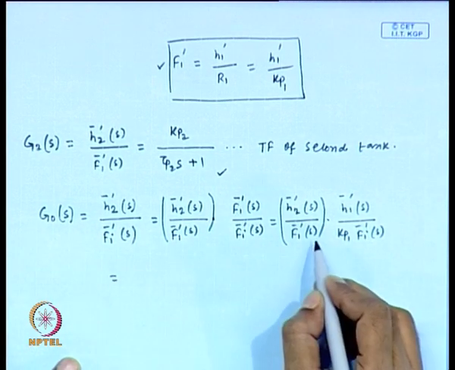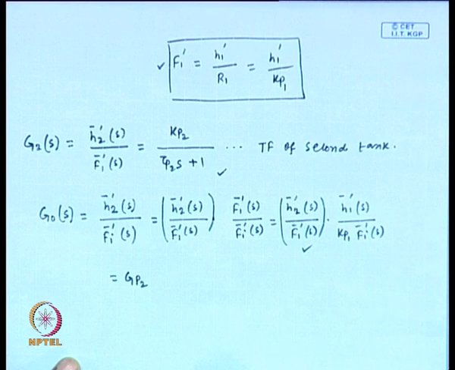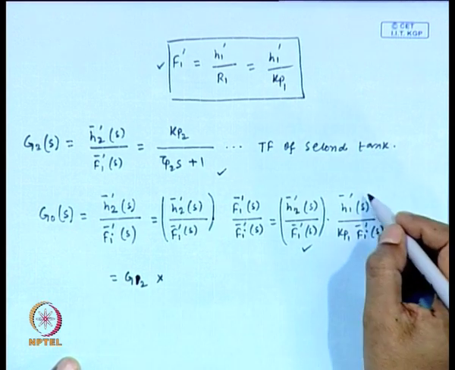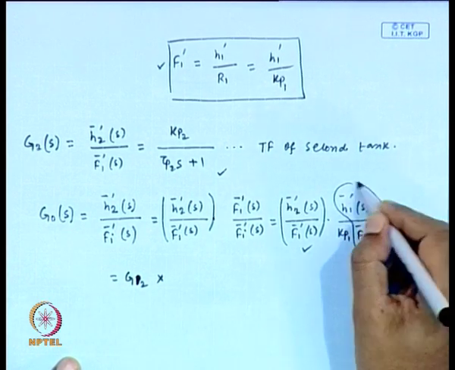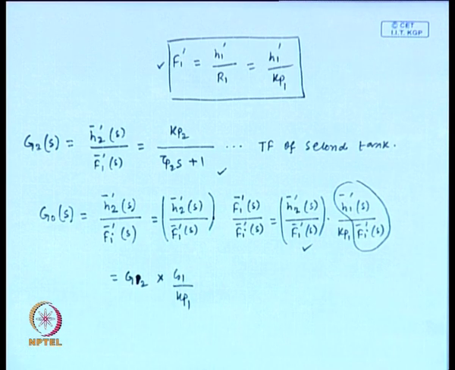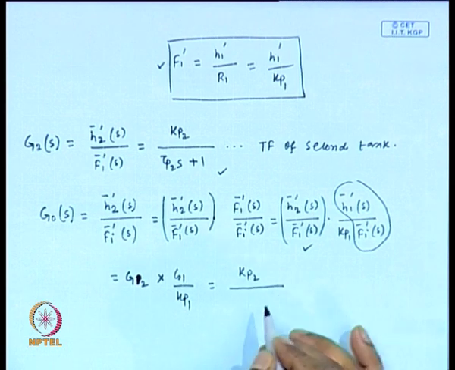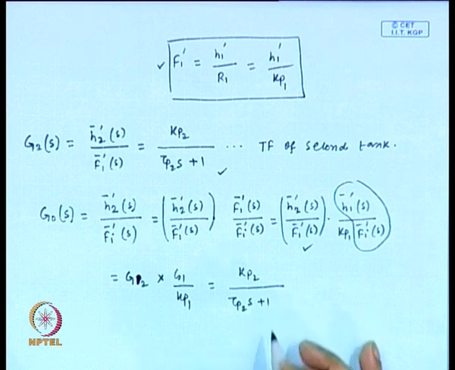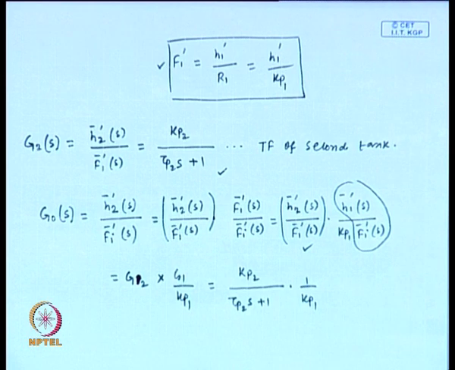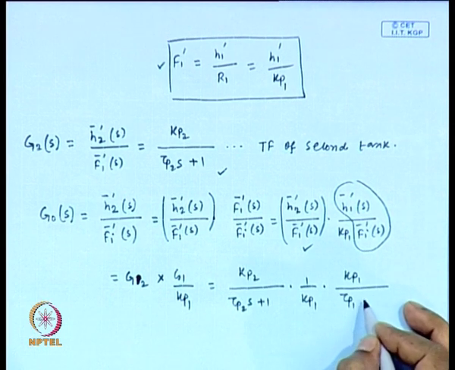So, the first term, this one represents Gp2, not Gp2, that is Z2, and multiplied by this, which is Z1 divided by Kp1. That means Kp2 divided by tau P2 s plus 1 multiplied by 1 divided by Kp1 multiplied by Kp1 divided by tau P1 s plus 1.